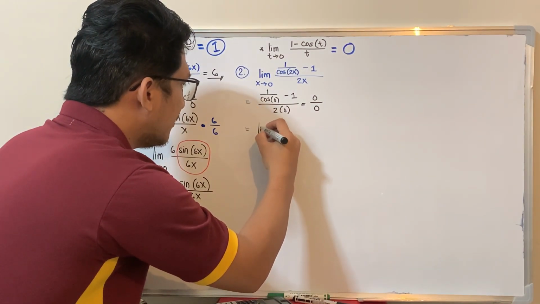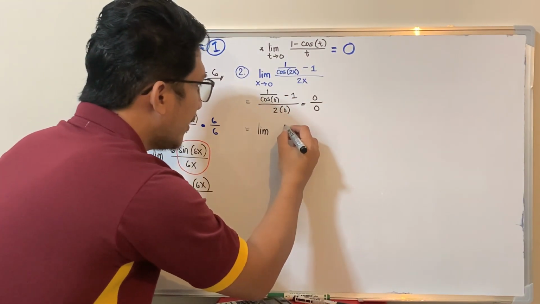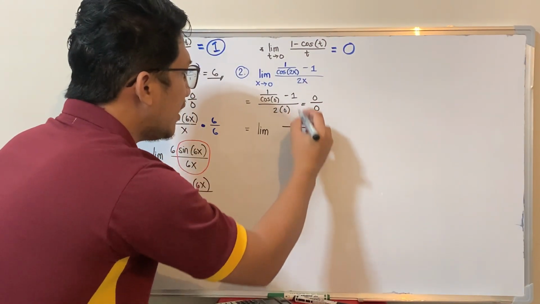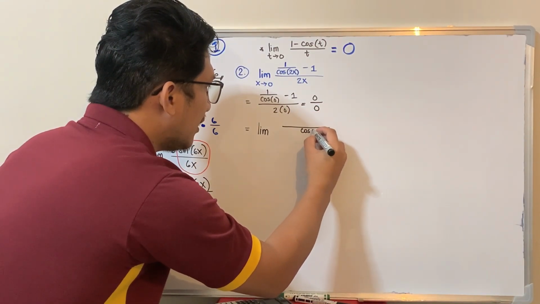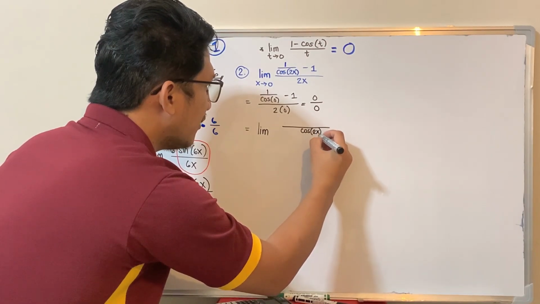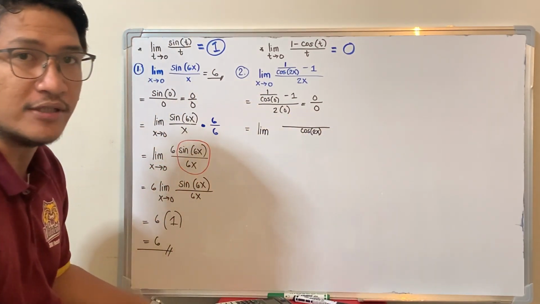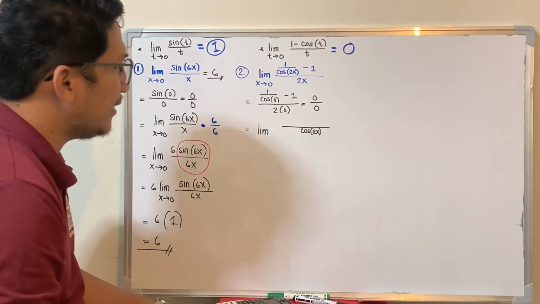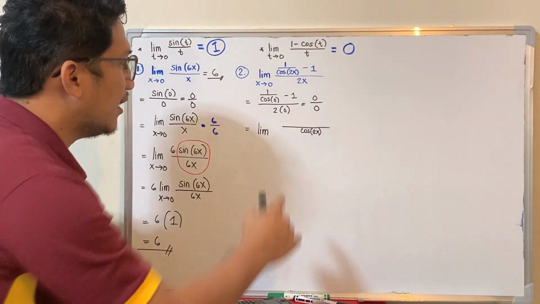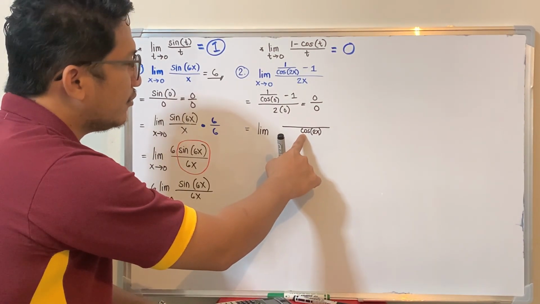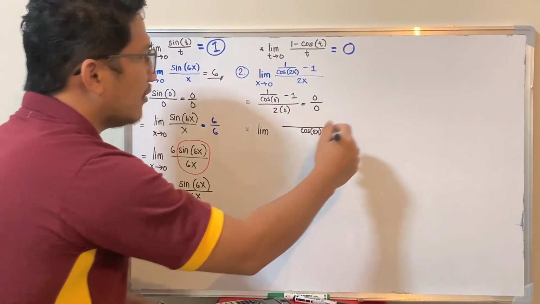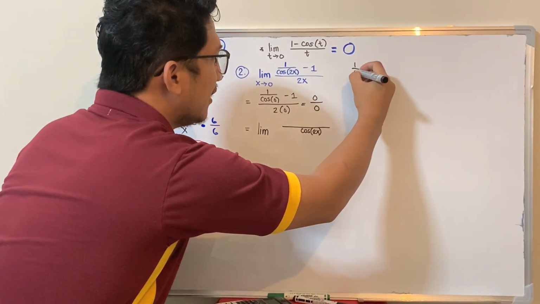So this is equivalent to the limit. Ako na i-combine ang numerator. Of course, as I can see, ang denominator will be cosine 2x. So in other words, this will be my least common denominator. Let me recall the LCD idea.